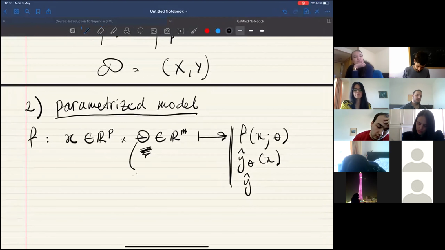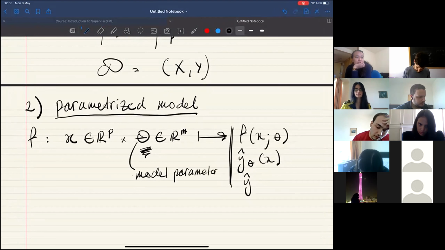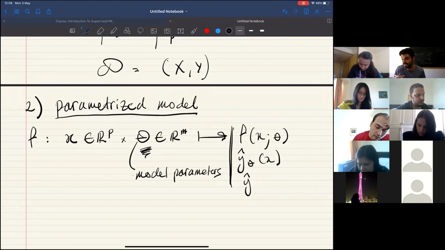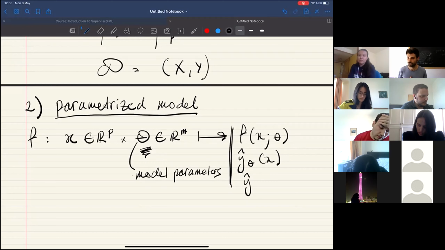This is the model parameters. Learning will be about finding the best parameters to predict on new unseen data.